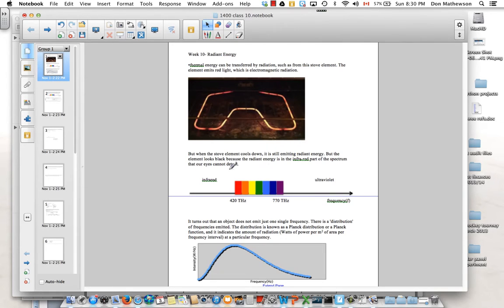So if you have a star that's emitting mainly yellow light, let's say about 500 terahertz, you can work backwards and find its surface temperature. If the maximum frequency is a constant times temperature, then the temperature will be the maximum frequency divided by that constant.